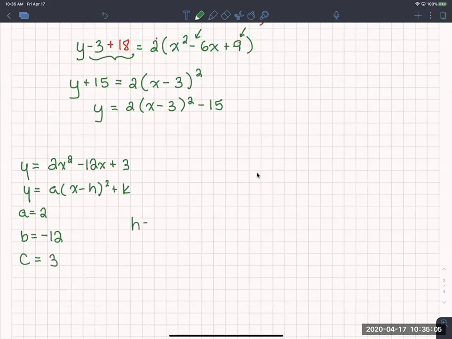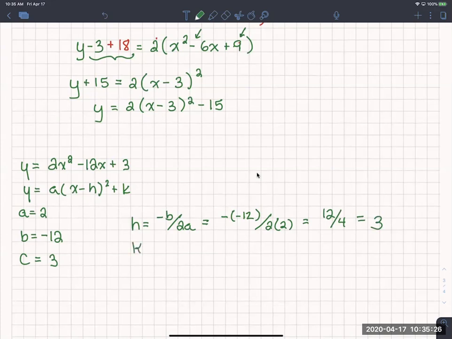So remember, how do we calculate h? It's negative b over 2a. So negative of -12 over 2 times a. That gives me 12 over 4, which is 3. Right?